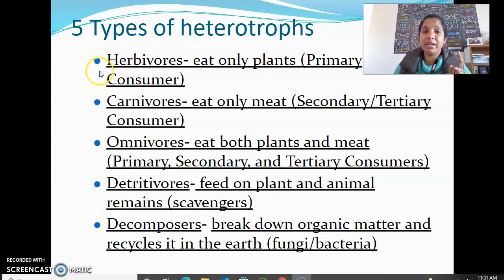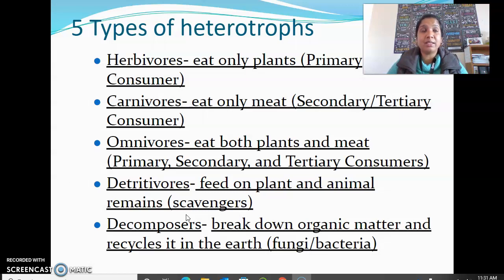Mostly you will find it easy with these 3: herbivores, carnivores, and omnivores. Just try to understand detritivores and decomposers. Detritivores just feed on remains, and are also called scavengers. They just hunt for any food remains. If we eat, and if there is a leftover, we'll throw it in the trash.